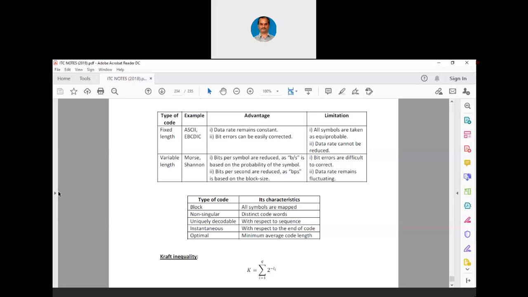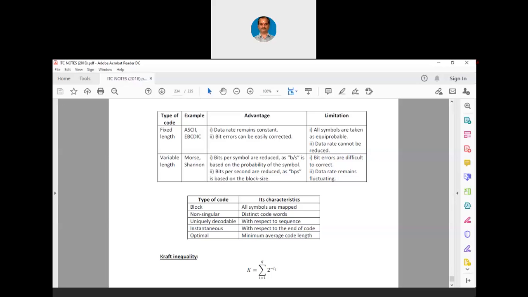But in wireless communication, there are no dedicated channels. It is a shared channel, which has to be utilized by so many people. There we have to conserve the bandwidth for each user. So in such applications, we cannot go for fixed length coding. Unnecessarily it will increase the data rate. Data rate is related to the channel width and the bandwidth also.